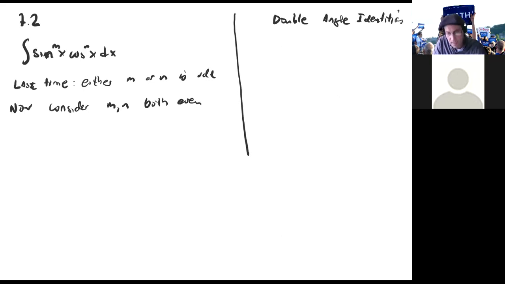They say that the square of the sine function of an angle A is 1 minus cosine of 2A over 2, and the cosine squared of A is likewise 1 plus cosine 2A over 2.